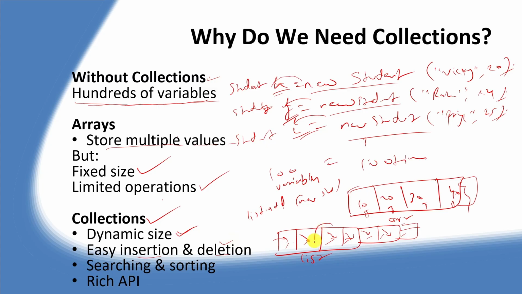If we want to delete this student, I can delete it. Suppose I want to insert some student in between here, one more, that is also easy. I want to search any student object by name, by age. I want to sort students by age. Sorting means decreasing order, increasing order. We want to sort it based on the age. So those operations we will see.